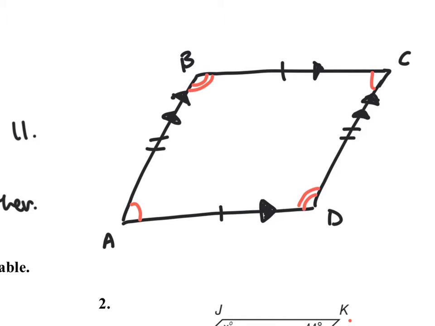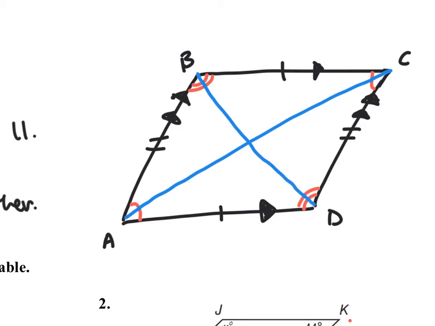Now let's take a look at our diagonals. If I draw in our diagonals, and that's connecting the opposite angles together, then I know that these diagonals bisect each other. So I know that these two segments are congruent, and I know that these two segments are congruent.